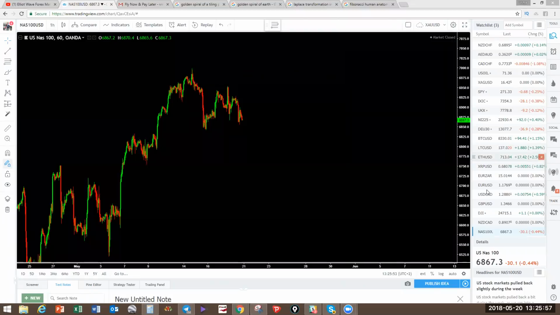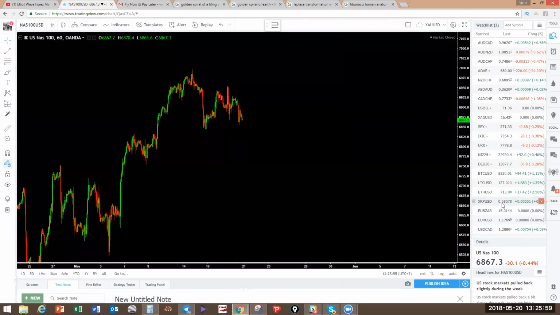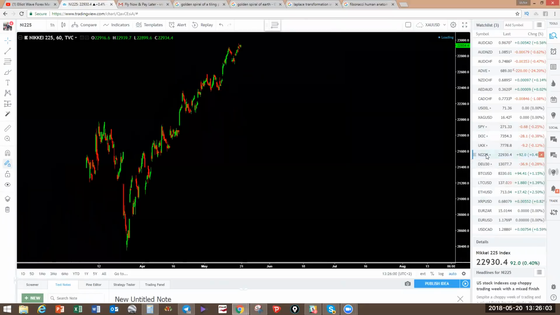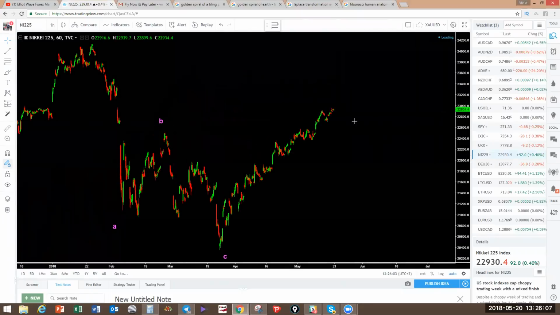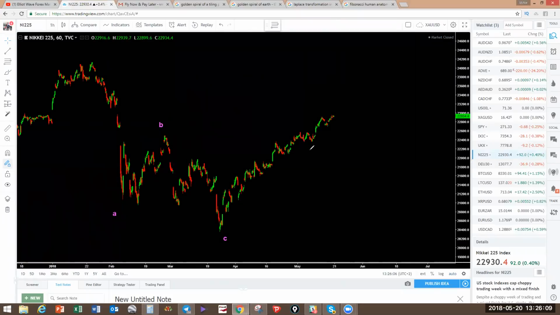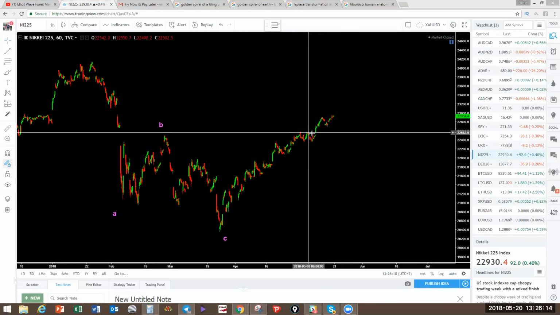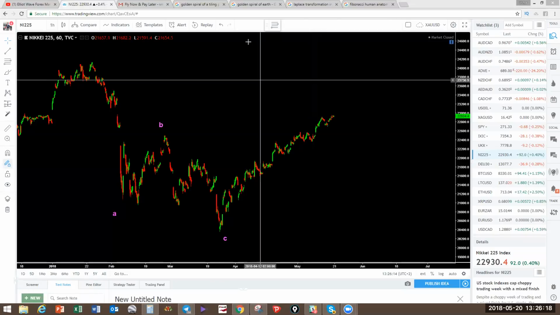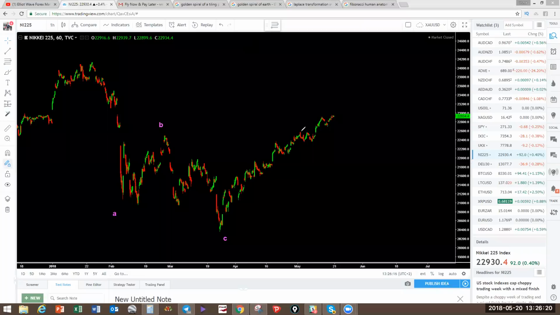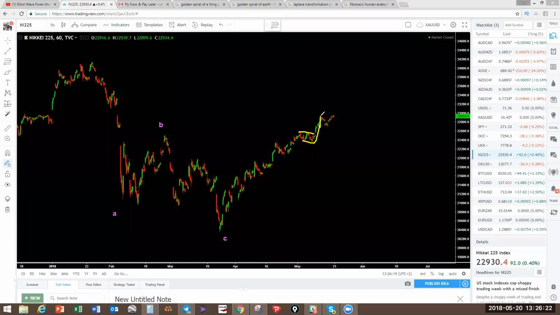Okay, and looking at the Nikkei and the UK 500. I think I missed the UK 500. Last week I think we were around here, around the 11th of May, and we were making this correction. This is what you got.